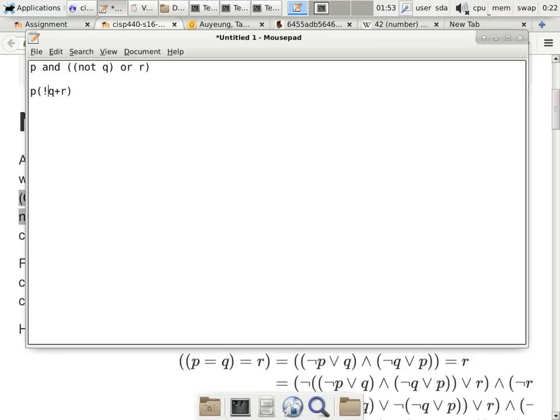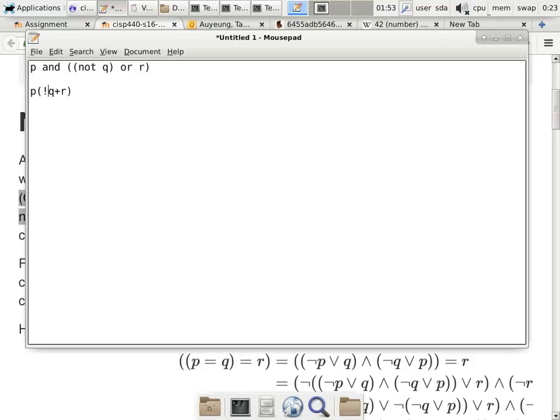But in order for something to be in conjunctive normal form, it has to fit into this structure or this structure here. This one doesn't fit because there's a not here, in between the result of the OR and the input of the AND. And that's why it is not in CNF.